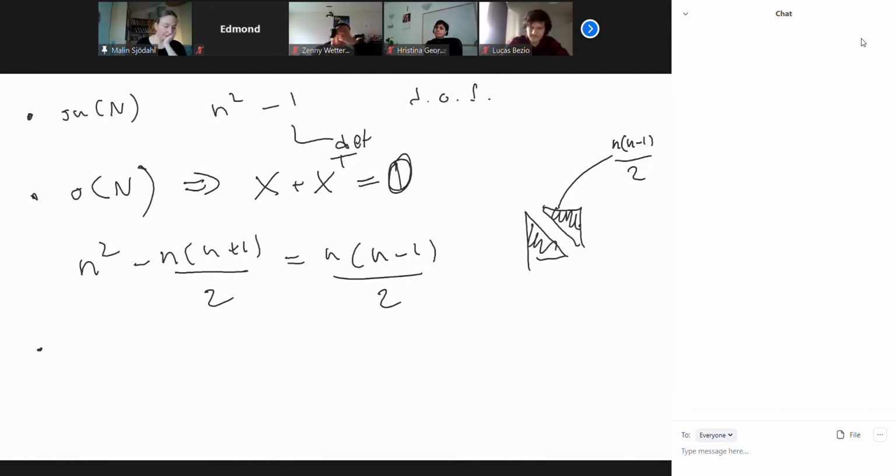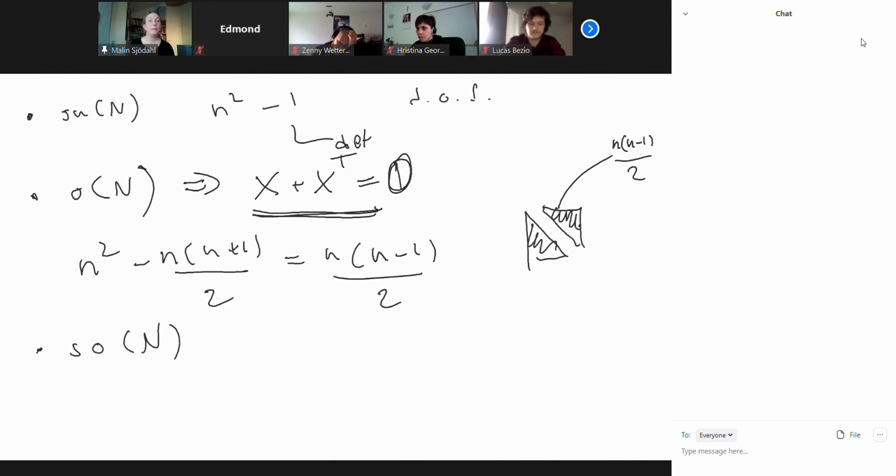And then we consider the special orthogonal group, real matrices. Here we note, however, that this matrix must be antisymmetric because of this constraint.